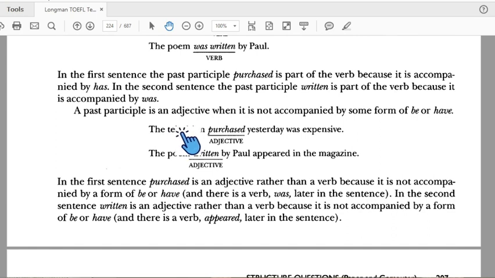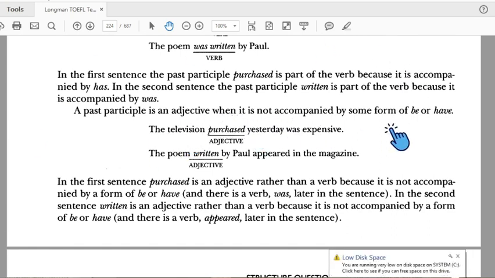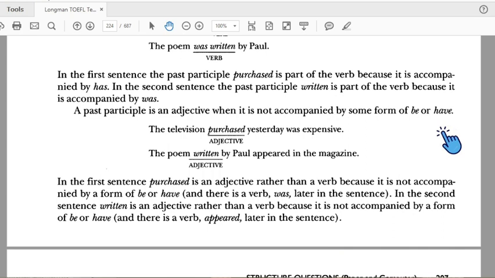A past participle is an adjective when it is not accompanied by some form of be or have. Same, yeah, with present participle. The television purchased yesterday was expensive. This one, as a past participle, is an adjective, because there is no be here or have.